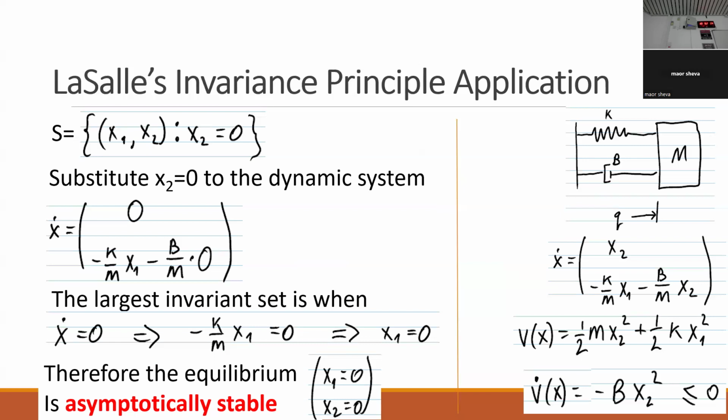Therefore, according to LaSalle's principle, this invariant set where x1 and x2 are 0 is the largest invariant set of the system, and the system is asymptotically stable. Did you understand?